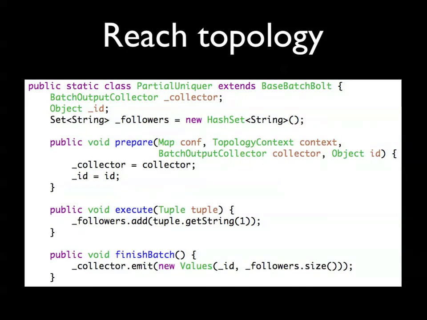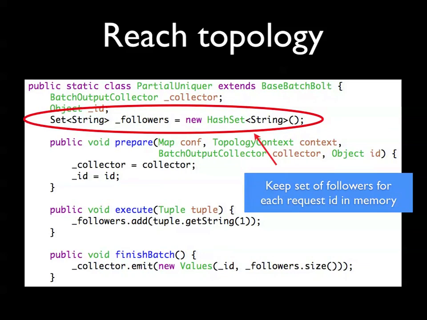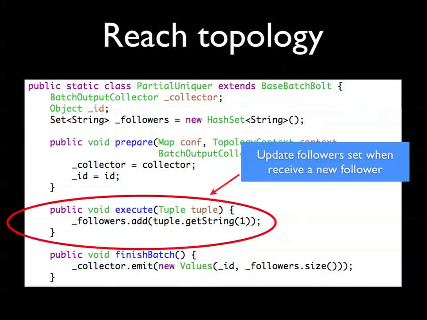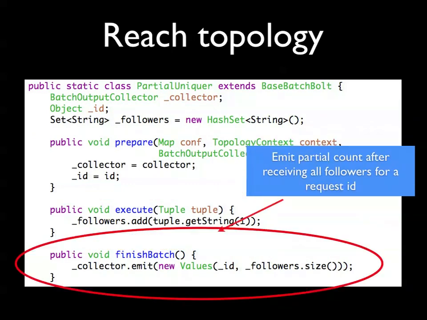Then you keep the set of followers for this request in an in-memory set, and every time you receive a new tuple, you just add that follower into the set. When this bolt has received all the tuples for the request, the finishBatch method is called, and then you just emit the request ID and the size of the set. LinearDRPCTopologyBuilder handles all the logic to determine when to call finishBatch.